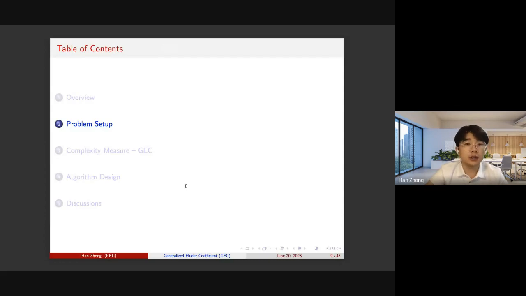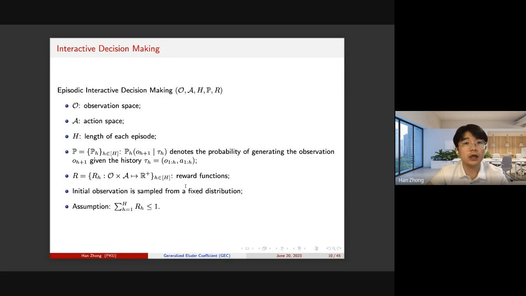Then this is our main results, and then I want to formally define the interactive decision making. We consider the episodic interactive decision making, which is denoted by a tuple (O, A, H, P, R).